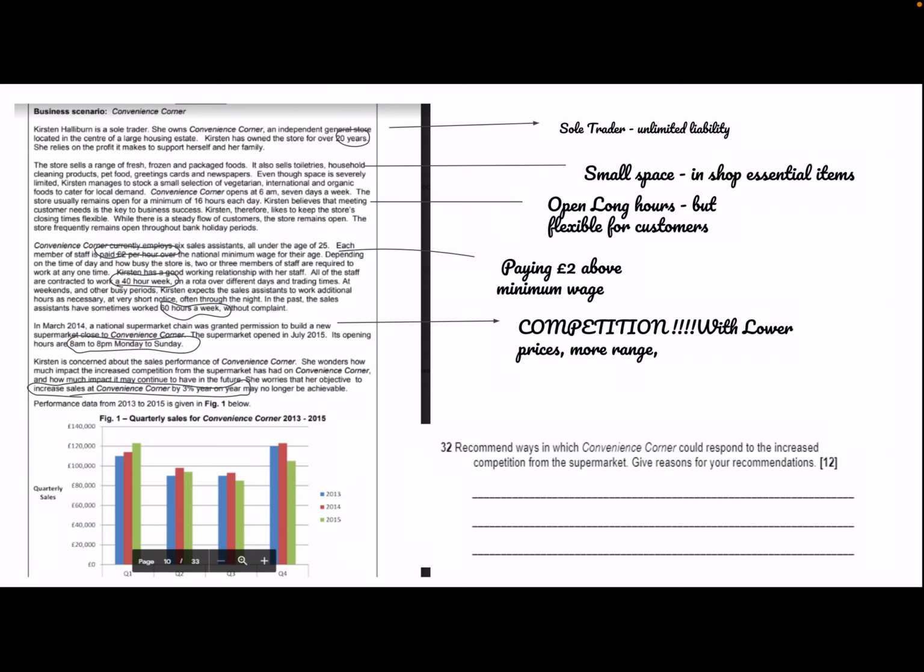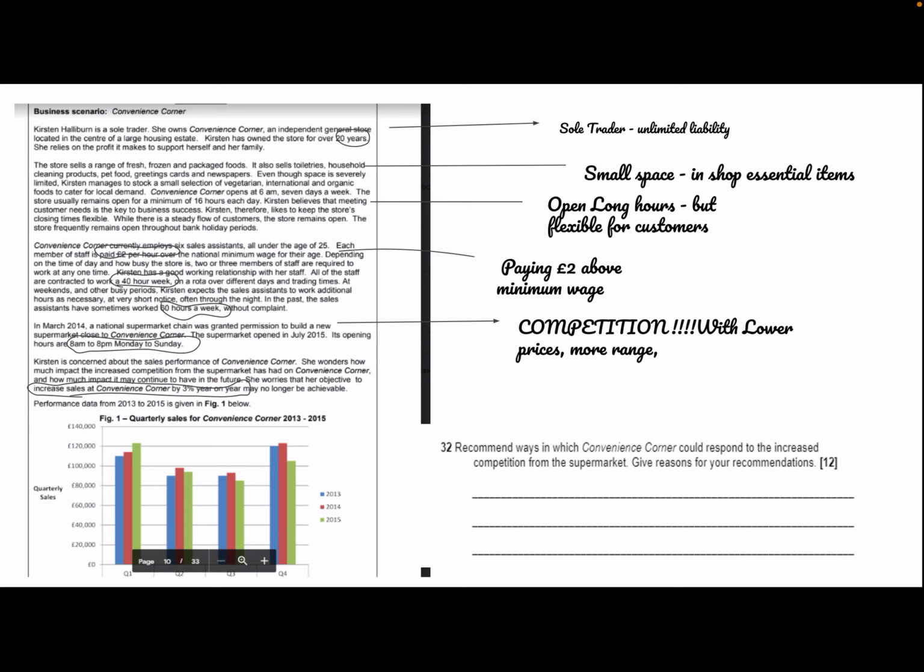It's very, very difficult for businesses to operate when a national supermarket arrives, and you really have to think about how you can compete with such a big business.